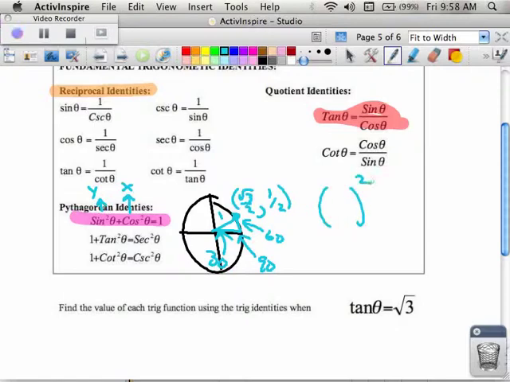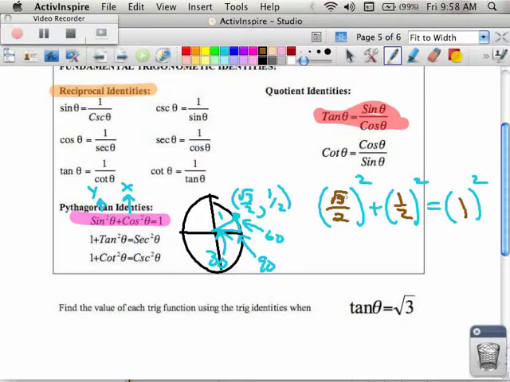So I have a squared plus b squared equals c squared. The c is the hypotenuse, which is 1. The b is the y value, which is the sine, which is 1/2. And the x was root 3 over 2, because that's the cosine.